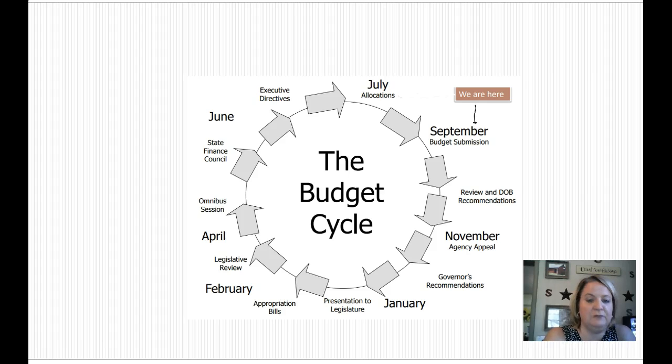I sent it to the Department of Corrections, who, like I said, will take our budgets and combine them with all the facilities to make a Department of Corrections budget. Then it's reviewed, and Department of Budget makes their recommendations. In November, there's an agency appeal if Department of Budget makes any recommendations we don't agree with.